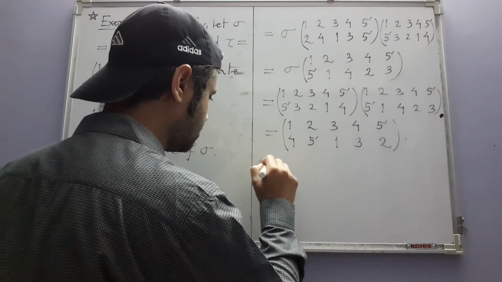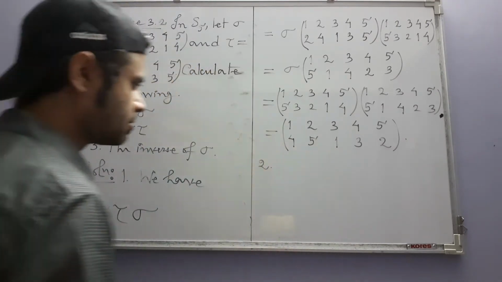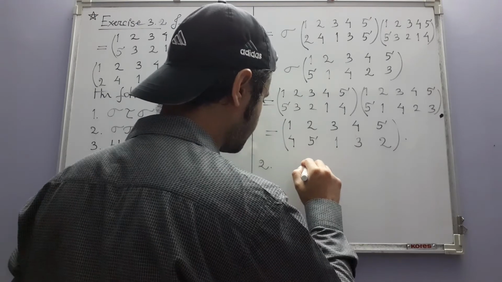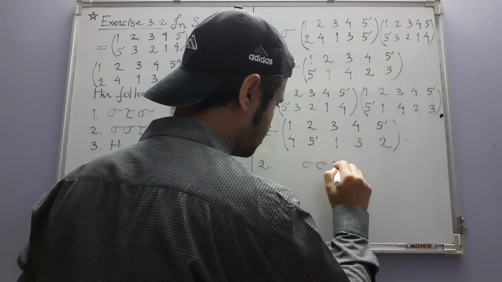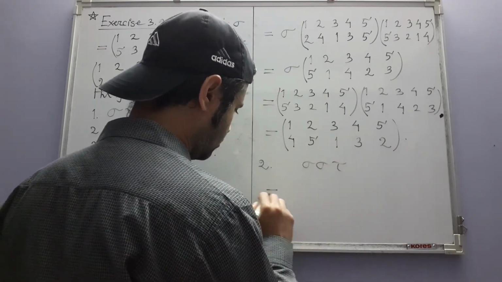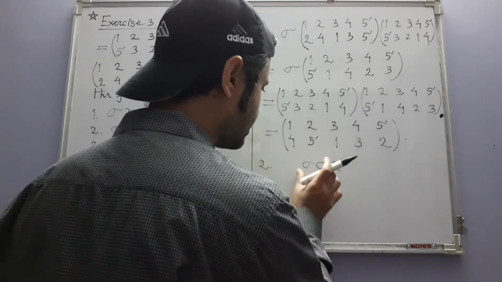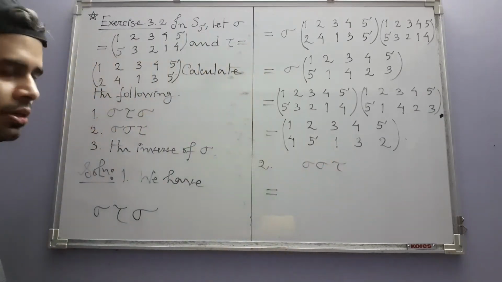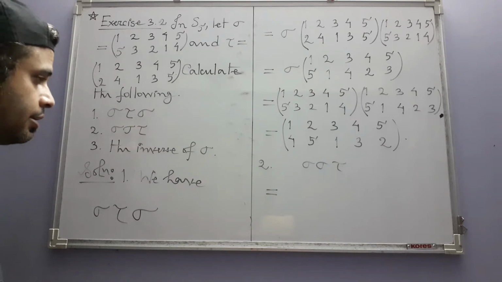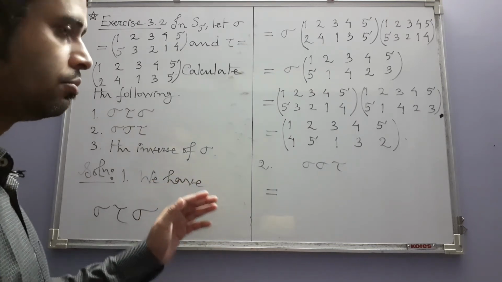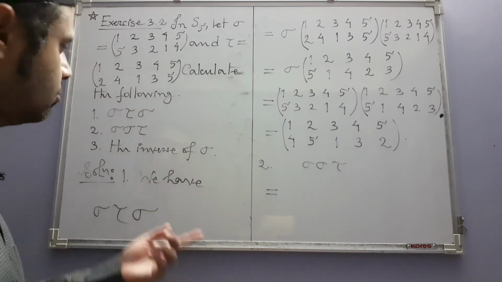Like that, the second one, sigma sigma tau. This time let us just do the sigma sigma first. Okay, and it does not matter which one you decide to do first.